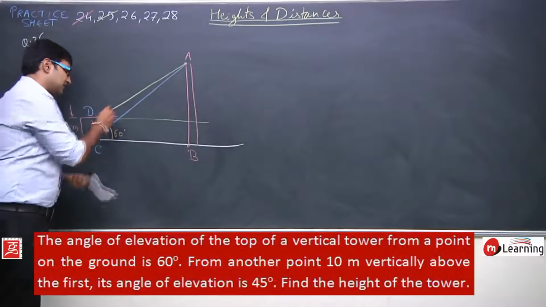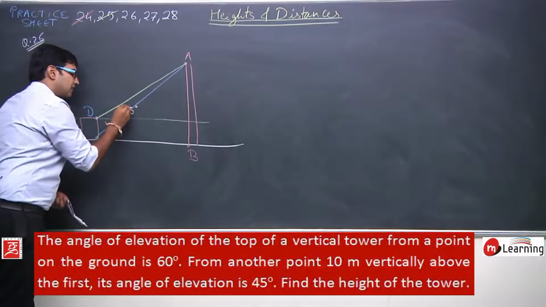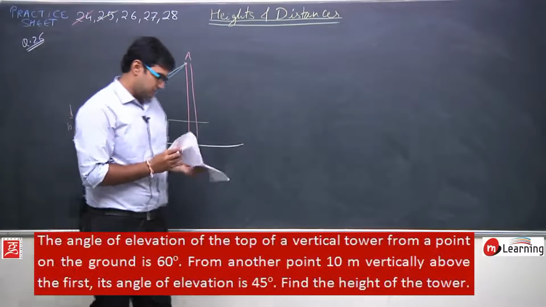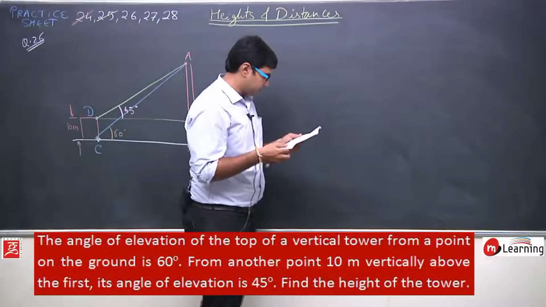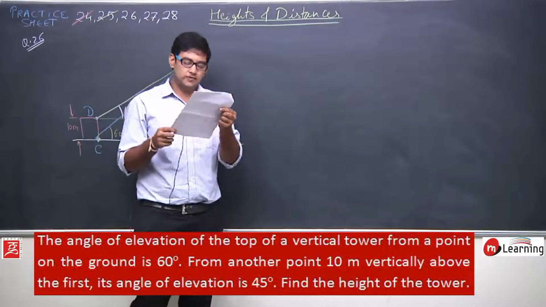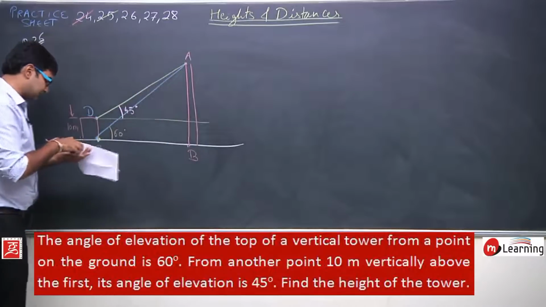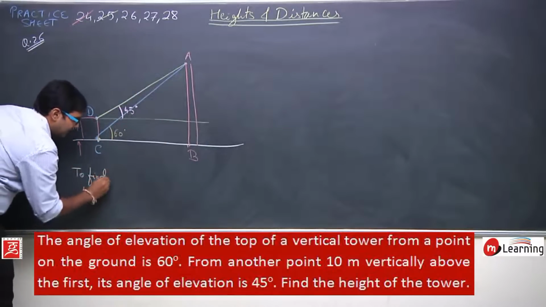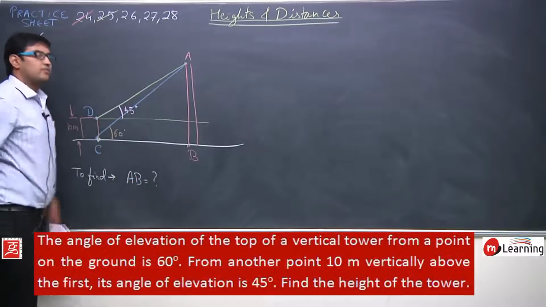So clearly this particular angle represents the 45 degree angle of elevation, and my task is to determine the height of the tower. What is the tower? Tower is AB. So my task is to find the height of the tower, that is to find the value of AB.